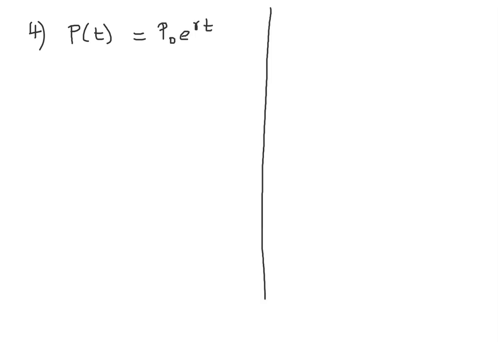And number 4, the problem is given. Please read the handout. So I'm just going to solve the problem. The P0 is the initial amount, so that is given as 20.